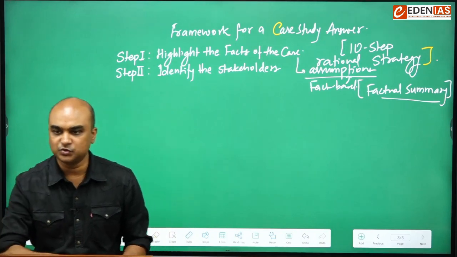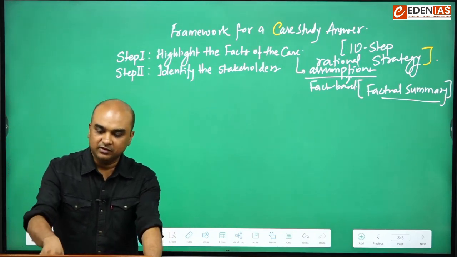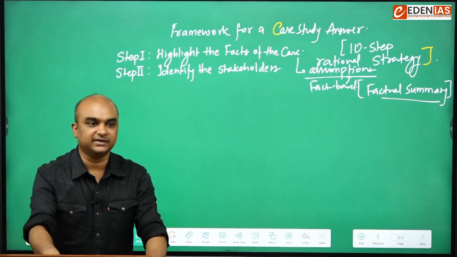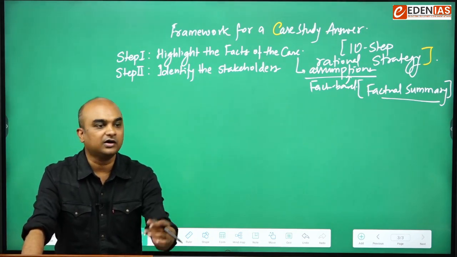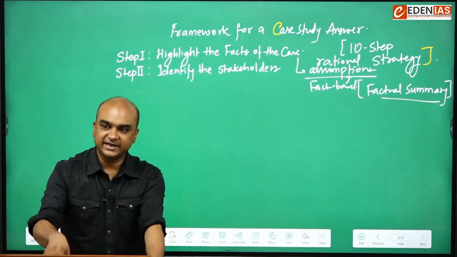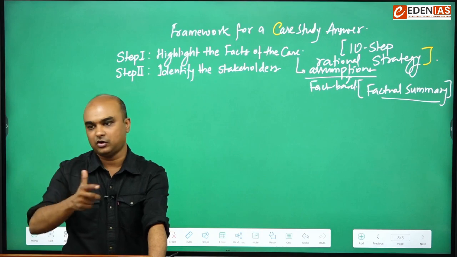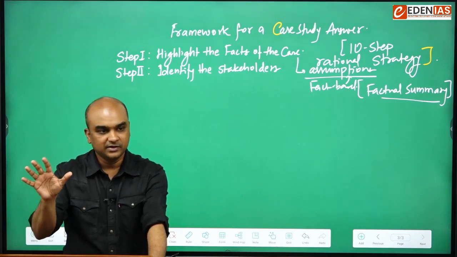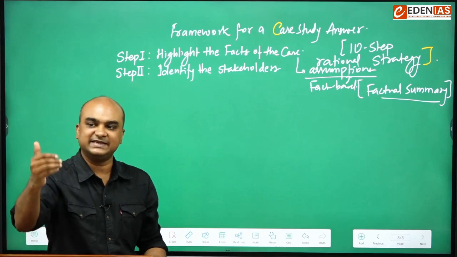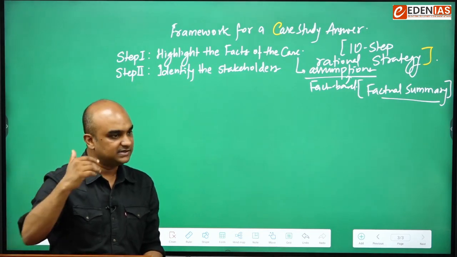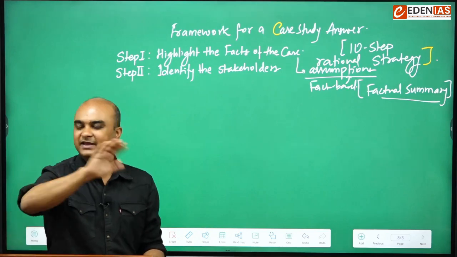It could be individuals, organizations, or any other kind of entity which has interest in the case, either direct or indirect, primary or derived. So stakeholders are those entities, be it an individual or institution or organization or anything, which has interest in the subject matter of the case study, and the case impacts them. Do you understand that? Directly or indirectly, in the short term or in the long term, in any way.